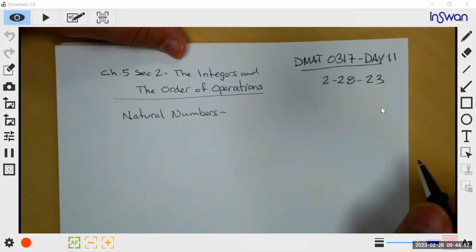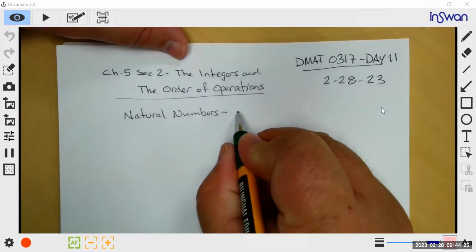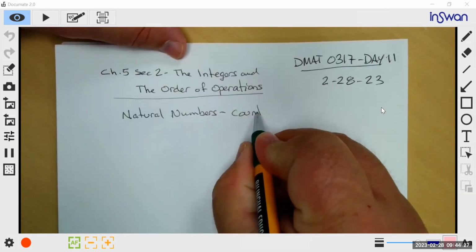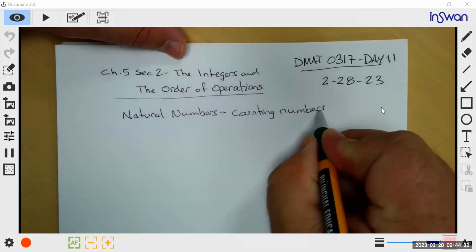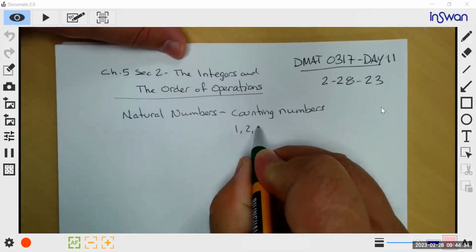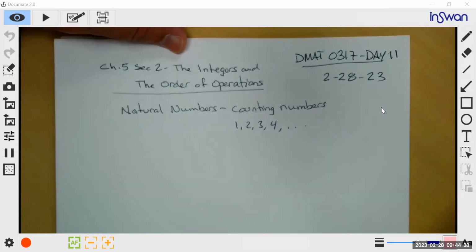We begin with natural numbers. We discussed natural numbers last section. What are natural numbers? Right. They're the counting numbers. One, two, three, four, and so on and so forth, all the way to infinity.